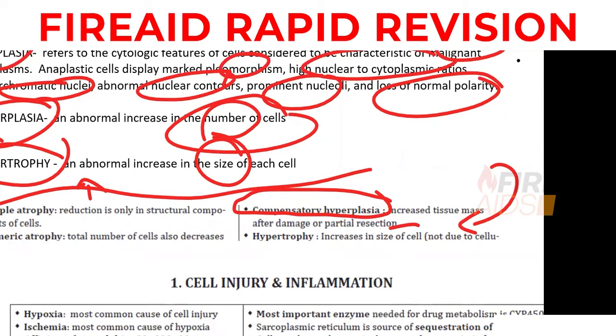Simple atrophy means reduction is only in the structural component of cells. Atrophy means reduction in number of cells, but if the total number of cells decreases, it is numeric atrophy. If only the structural component of cells decreases, it is simple atrophy. So these are all the words that you must know for cracking this MCQ.